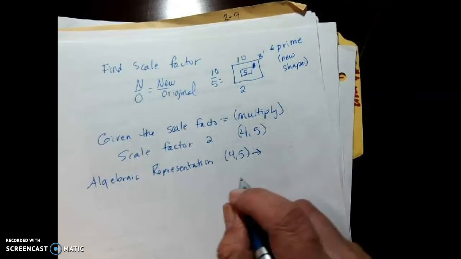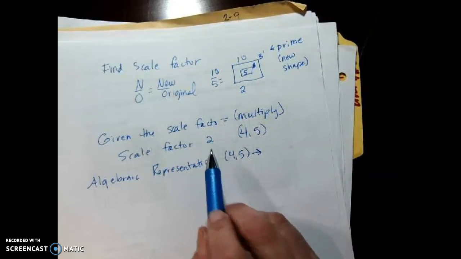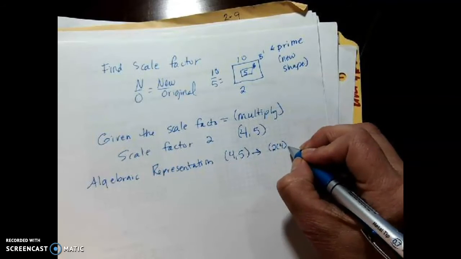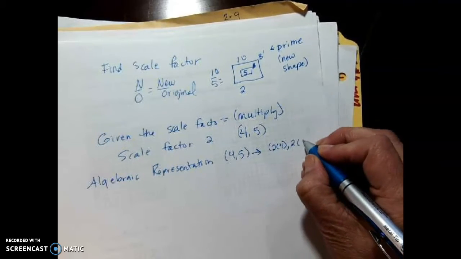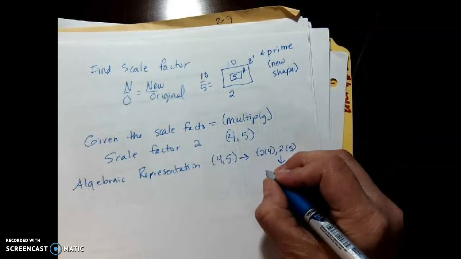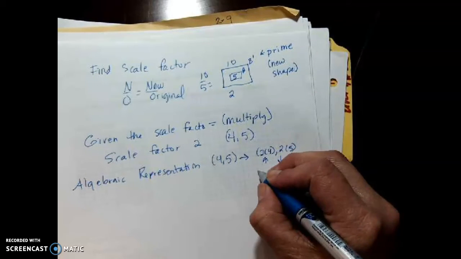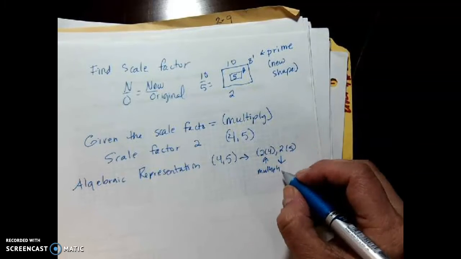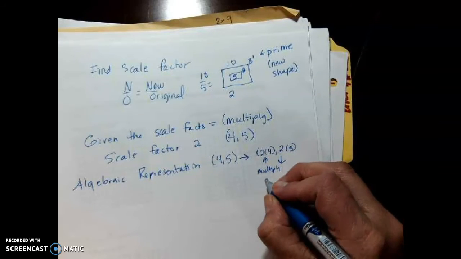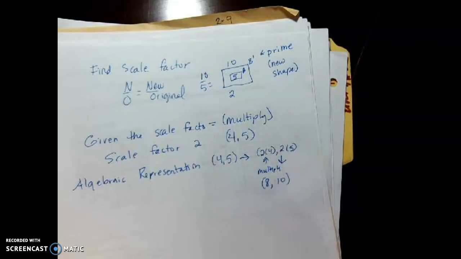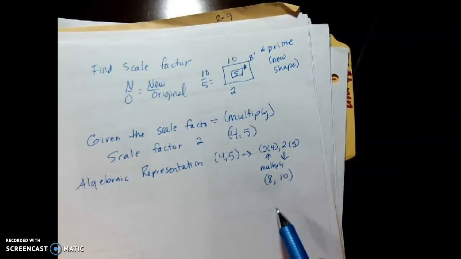And then this is what I'm going to multiply, the 2. So 2 times 4 and 2 times 5. So 2 times 4 is 8, and 2 times 5 is 10. These are the new coordinates.